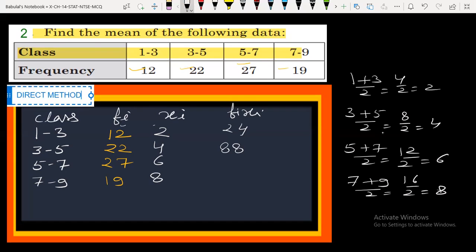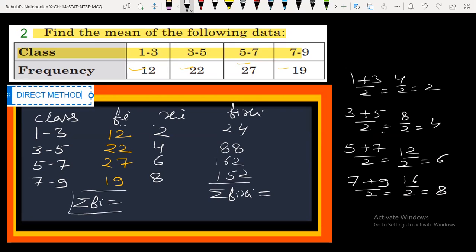Then 27 into 6, that is 162. Then 8 into 19 or 19 into 8, that is 152. Next task is add all frequencies and add all f into x.